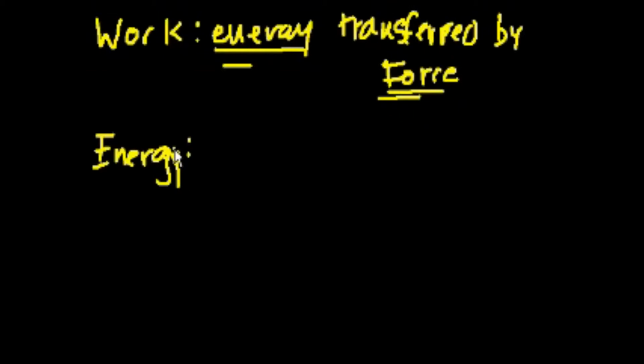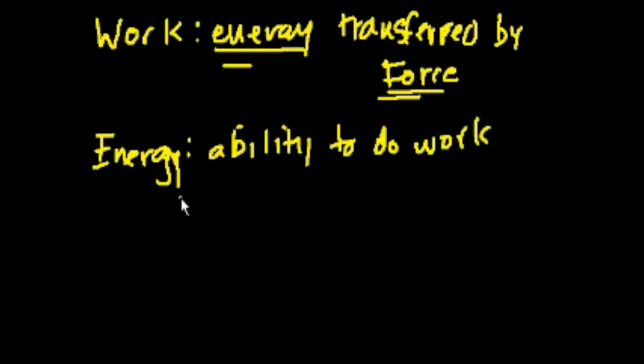They're related. So Wikipedia defines energy as the ability to do work. So they kind of use each other to define each other, ability to do work. Which is, frankly, as good a definition as I could find.